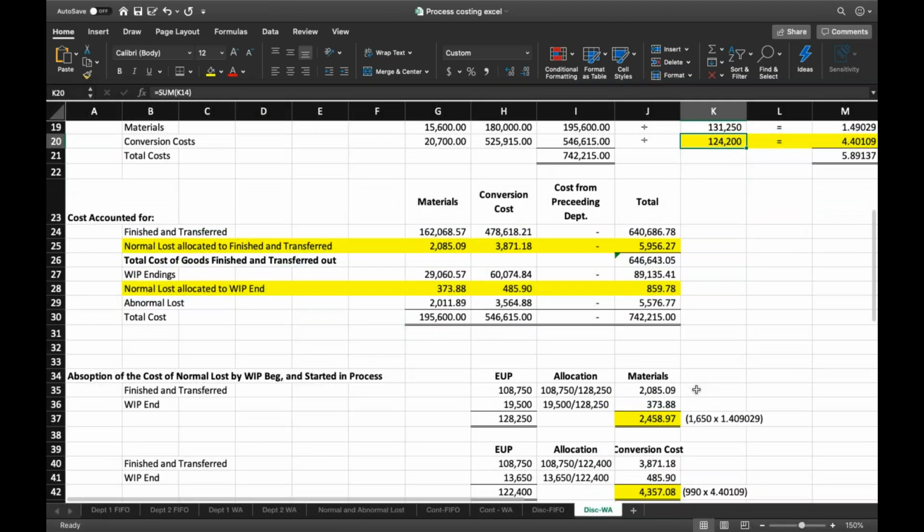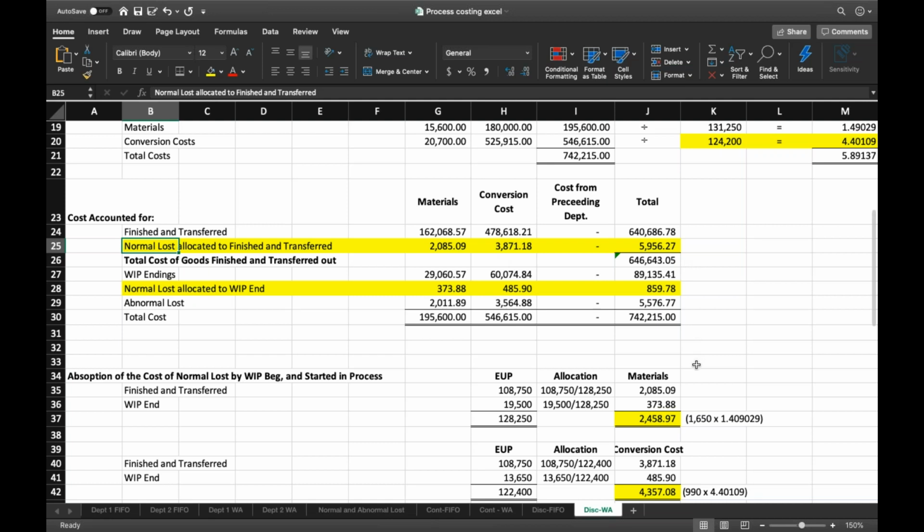I guess I already explained why work in process end and finish and transfer have a share, because they exceeded the 60% inspection point. Because this is weighted average, there is no beginning; all are transferred and finish and transferred.